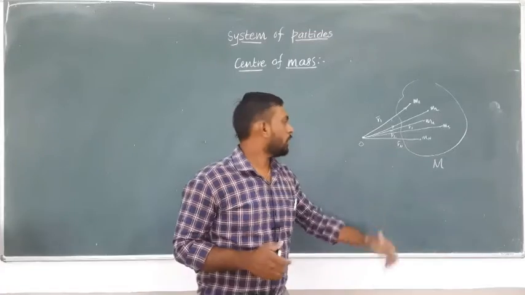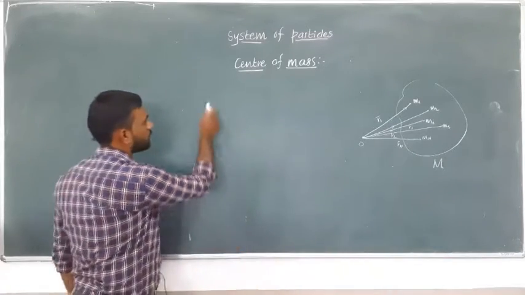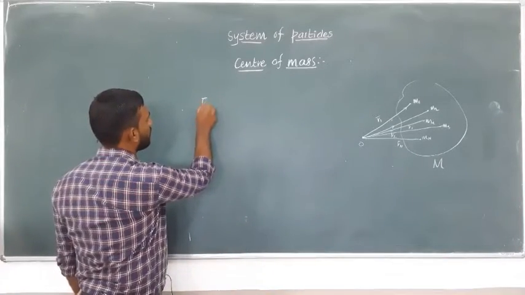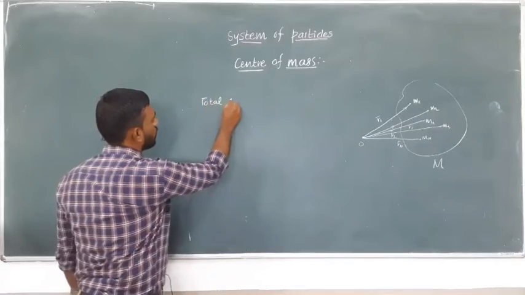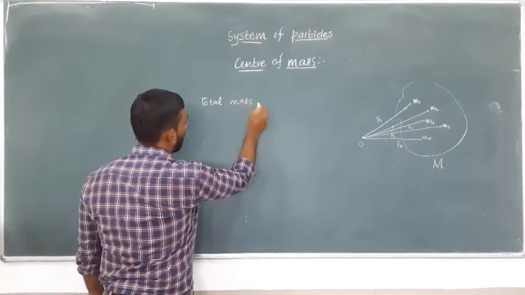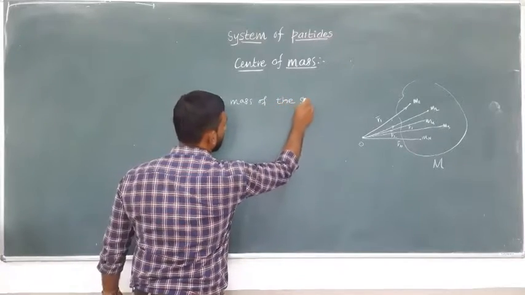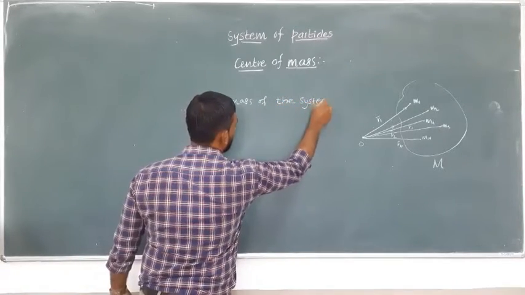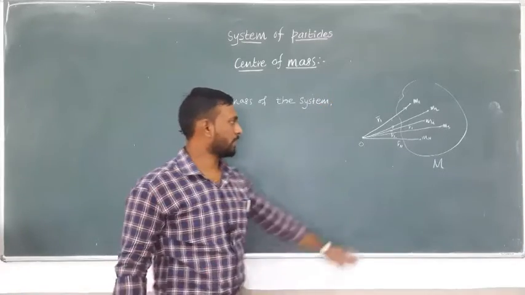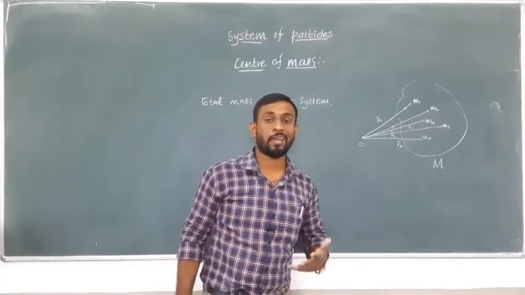O. So from basic kinematics, the total mass of the system is the sum of all those masses m1, m2, m3 and mn.